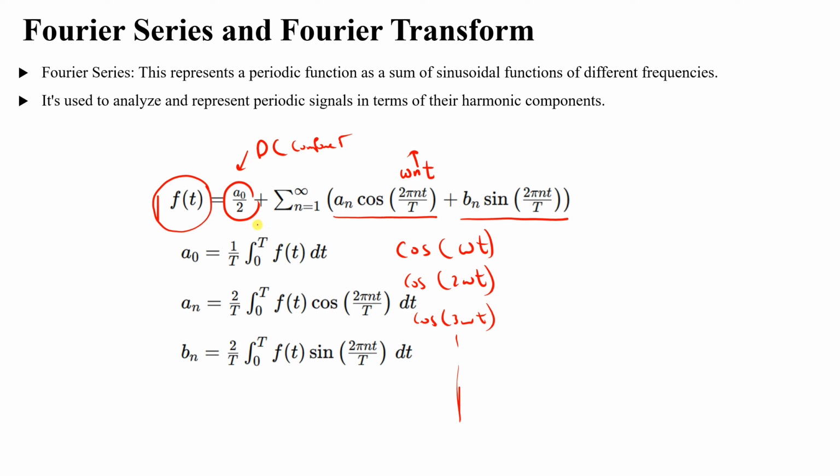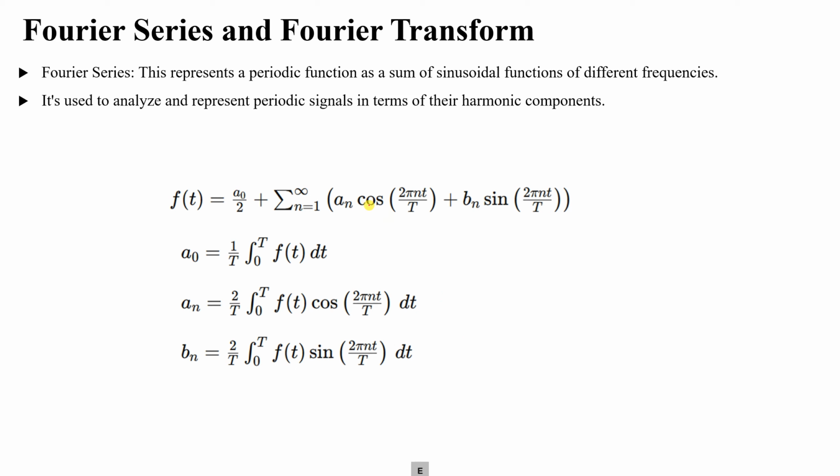Okay, so in the end, any periodic signal can be converted into a DC component and a group of cosine and sine. Now this is very important in many applications, including power system analysis, or specifically when we are designing harmonic filters.